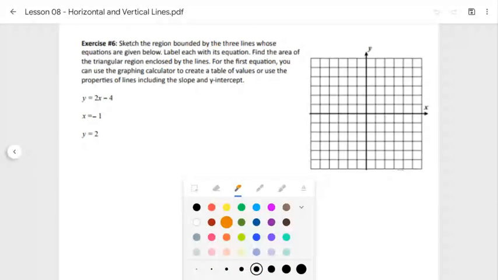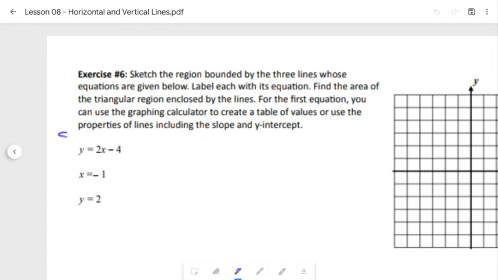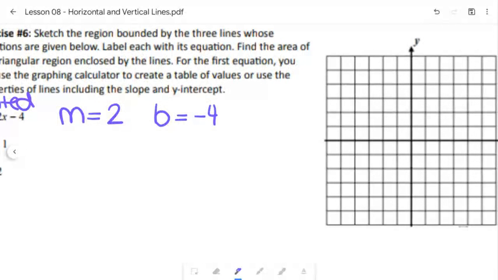So in here, first thing, I have a slanted line. If you see x and y, we know that this is slanted. We know the slope is 2 and the y-intercept is at -4. So for that first one, I'm going to start my graph at -4. That's what happens with the y-intercept. It's on the y-axis, and that's where we start our graph.